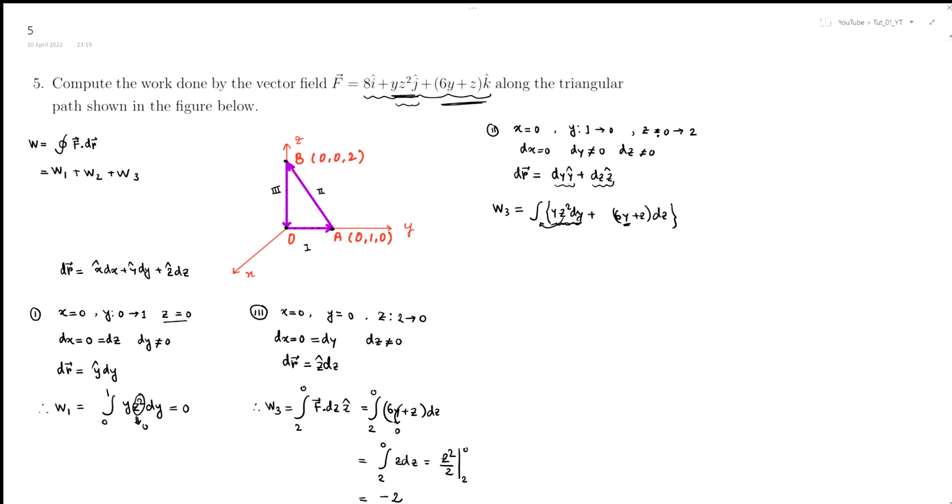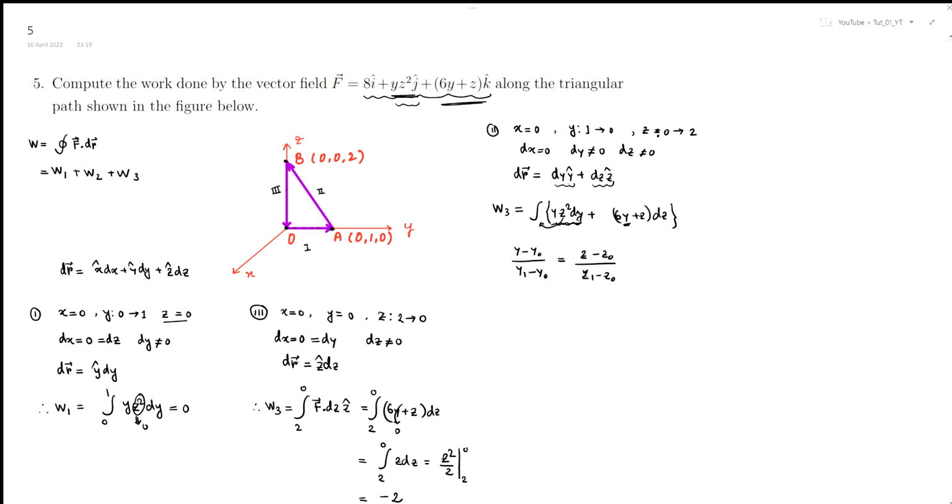How to do it? Because this A to B line is a straight line, there will be a relation between y and z. And how to find this relation? For that, we can do it like this: (y minus y0) divided by (y1 minus y0) equals (z minus z0) divided by (z1 minus z0).